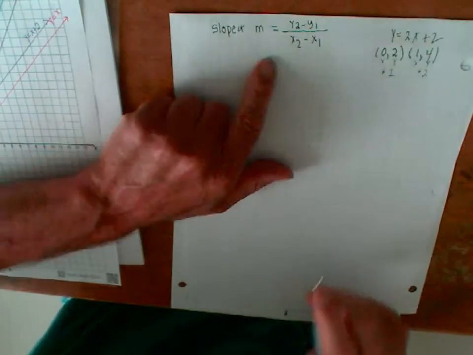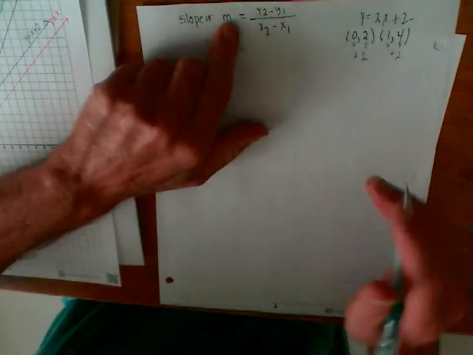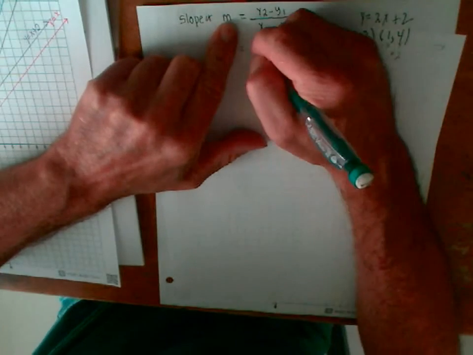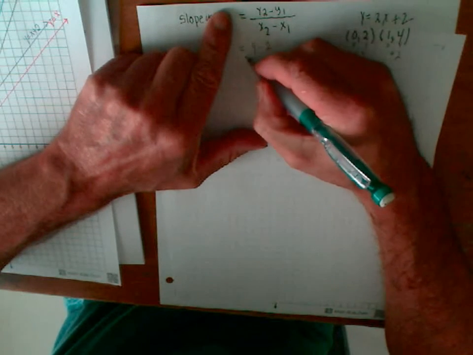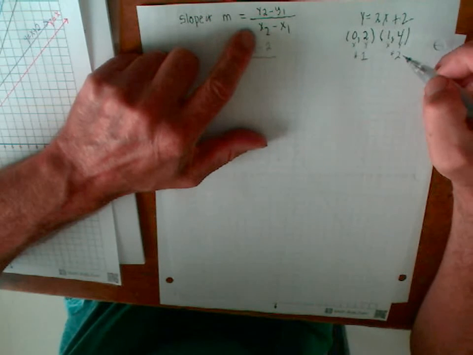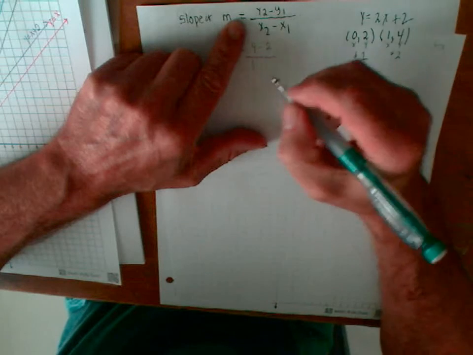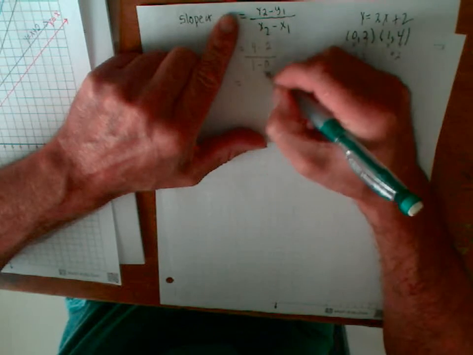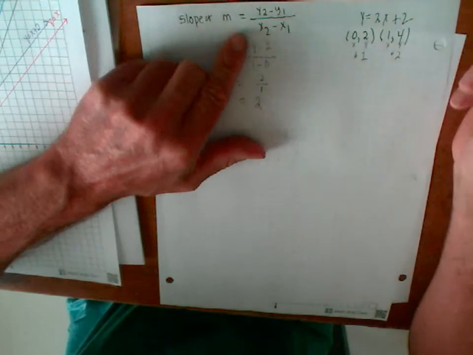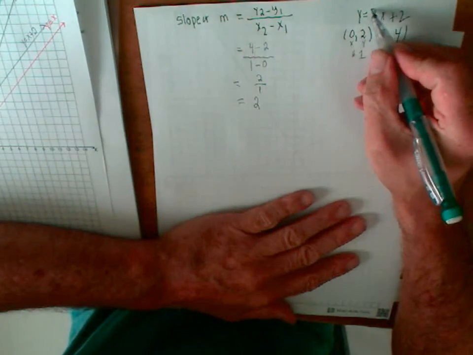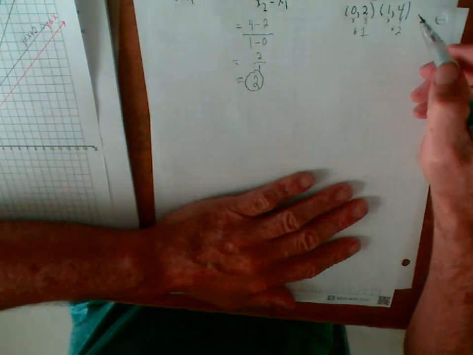So we need to take the y value of point 2, that's 4, the y value of point 1 is 2, and we're going to divide that over the x value of point 2, which is 1, and the x value of point 1, which is 0. 4 take away 2 is 2. 1 take away 0 is 1. So right there, that's our slope. And we calculated it just from using 2 points.